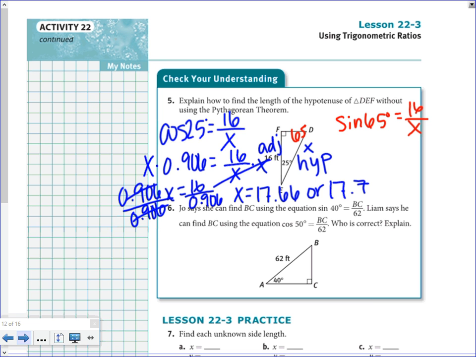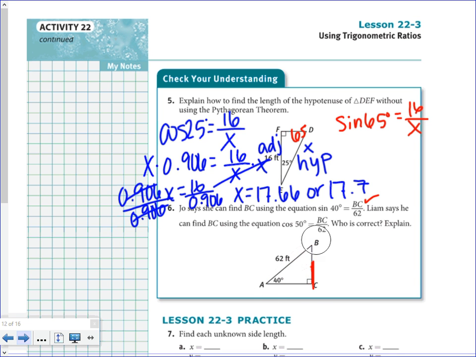So on one like this, you may notice that they have the same fraction, and so you're like, oh, well, they can't both be right because they didn't use the same trig function. Well, let's look. 40 degrees. Opposite is BC here, and the hypotenuse is 62, which is sine. Sine is opposite over hypotenuse. So that one is right.